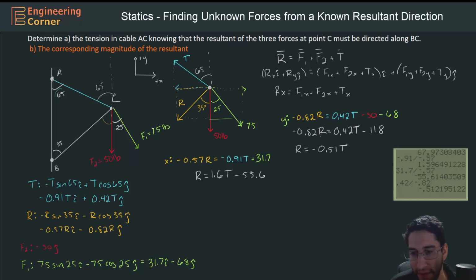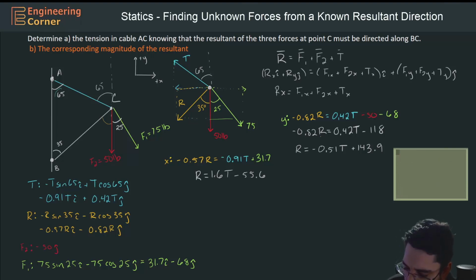And then we'll have this minus 118 divided by minus 0.82. We'll get plus 143.9.